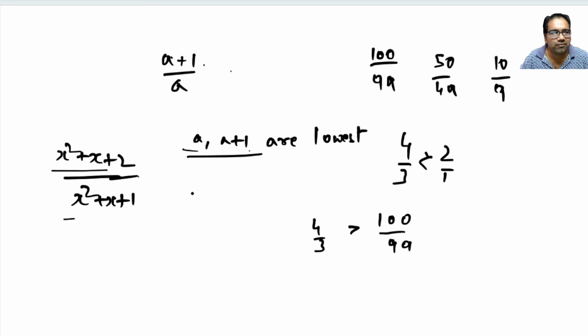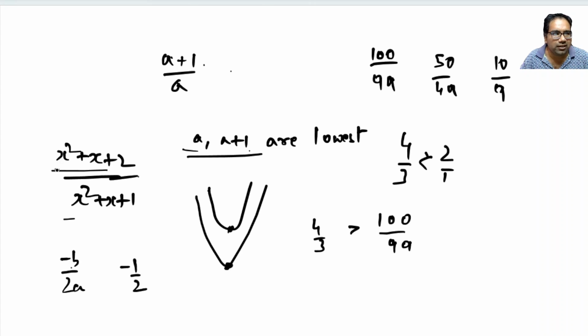Both are lowest at the lowest points of these graphs, the vertex. The x coordinate of the vertex is the same for both of these. What is the x coordinate of the vertex? Minus b by 2a. What is that? Minus half. At x equals minus half, this graph is lowest and this graph is also lowest. Basically, a plus 1 is lowest and a is also lowest.